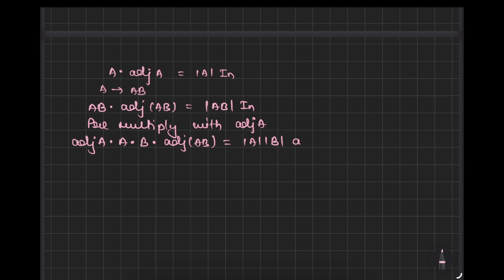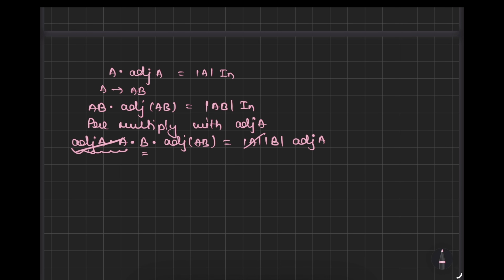Now adjoint of A times A becomes determinant of A I n. So can I eliminate this with this?